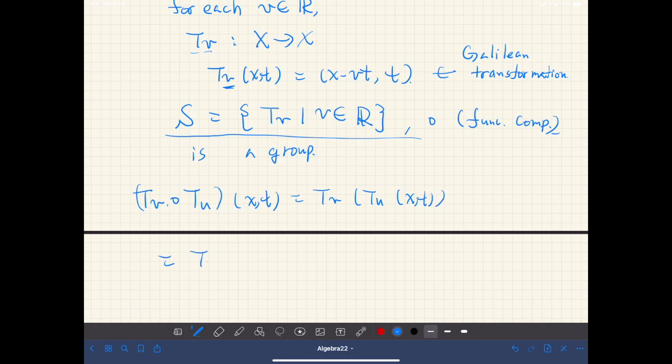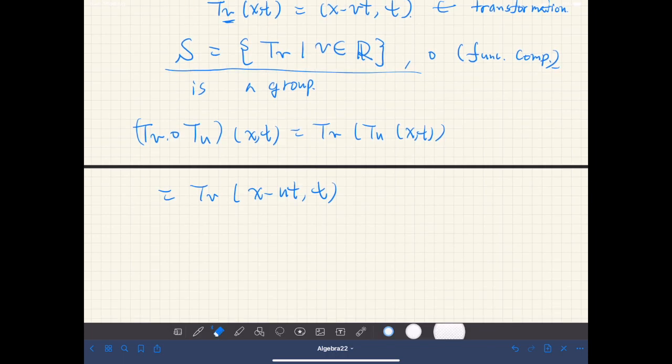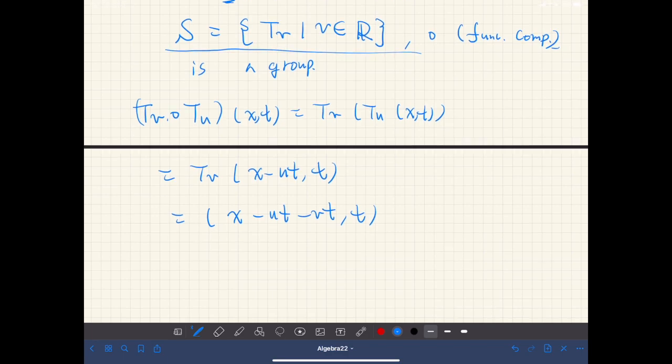First apply T_u. By that we have (x minus ut, t), and then apply T_v, and that would be (x minus ut minus vt, t).